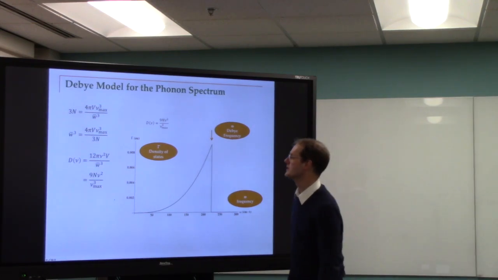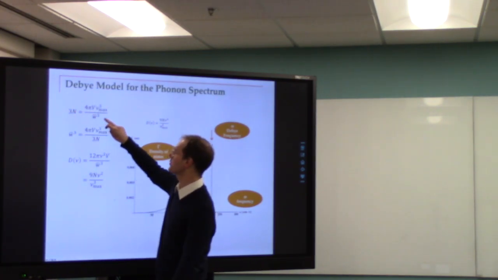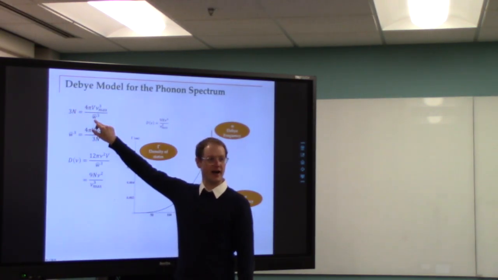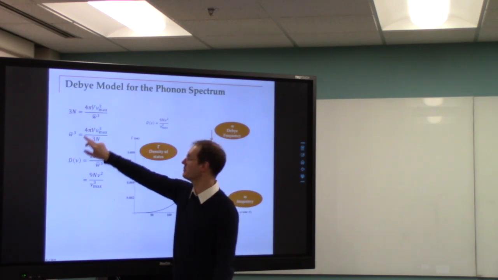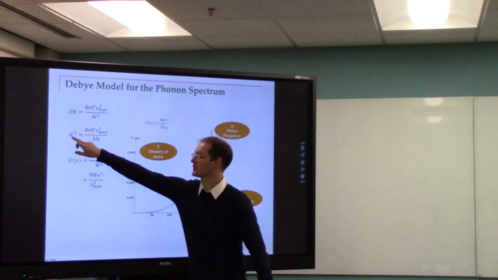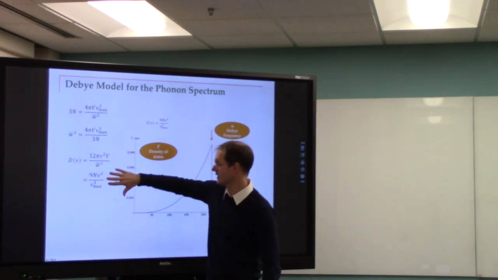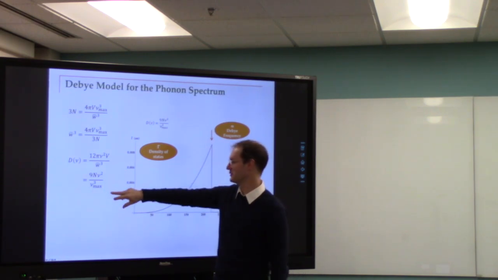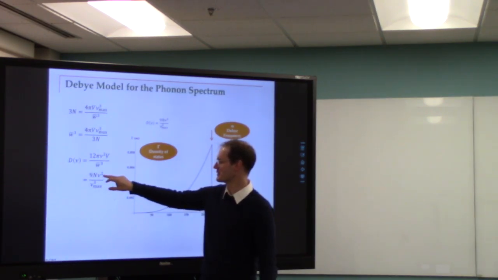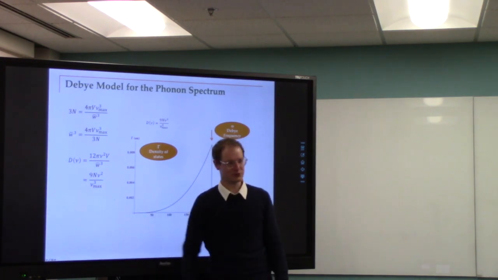And so if you take this expression here, which we got from this integral, and solve it for the average group velocity, W, then you get this expression for W, and if you plug it into our expression for density of states, then you can get the desired expression, which is 9n times nu squared over nu maximum cubed.